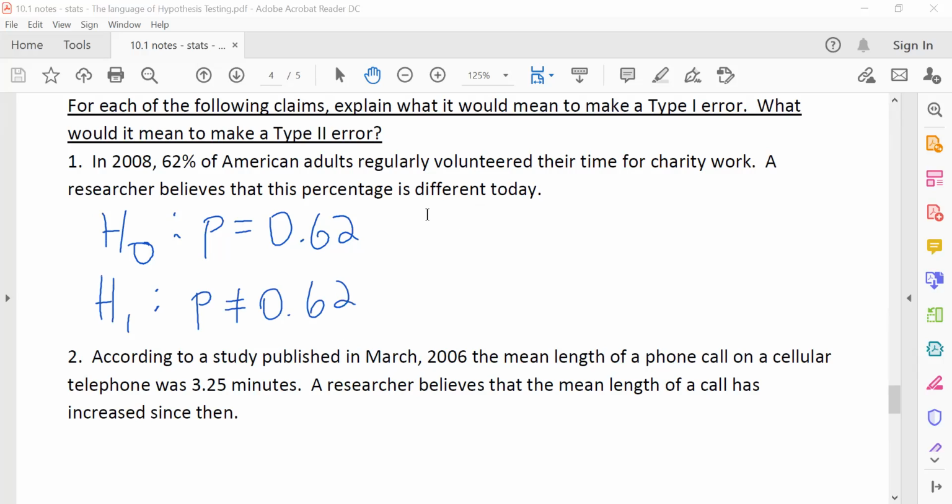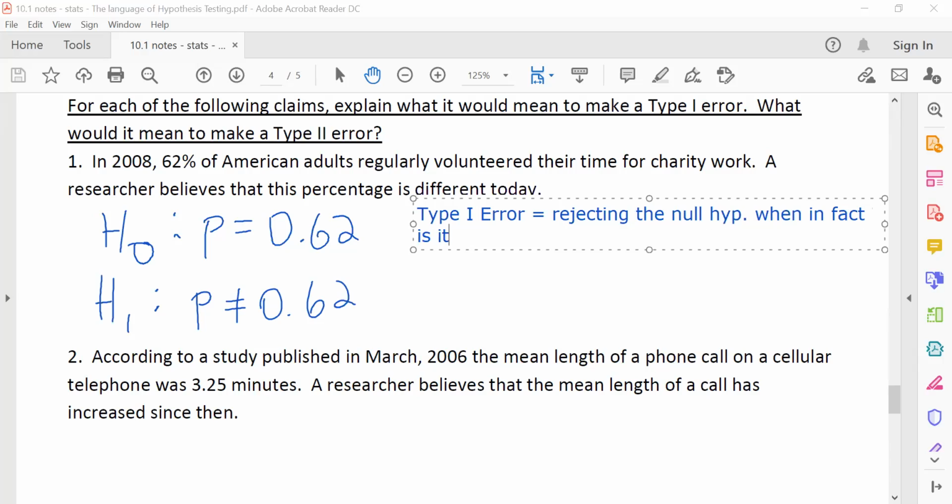But now we can do something interesting. A type 1 error, which is rejecting the null hypothesis when in fact it is true. This then would be, and again, it's going to be a little bit verbose. We're going to have to use some big words to say it.